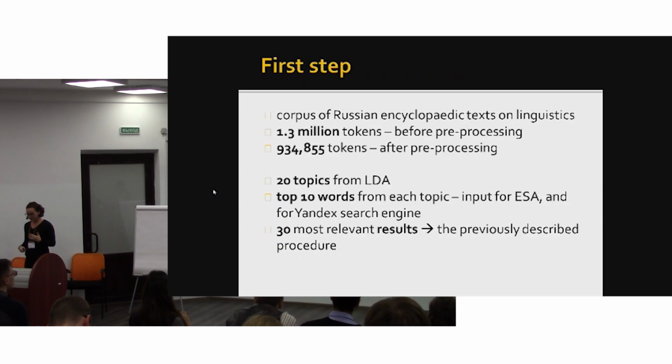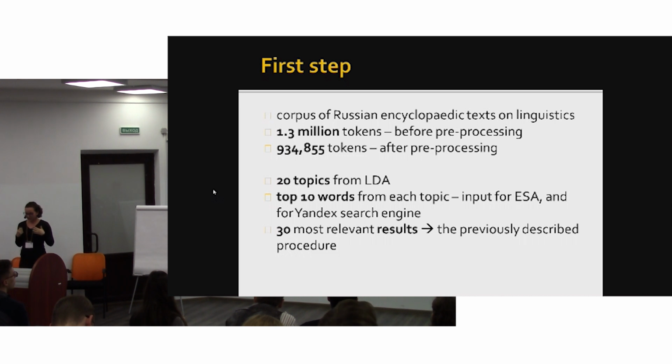Our study is based on a corpus of Russian encyclopedic text on linguistics, and we obtained 20 topics from LDA, Latent Dirichlet Allocation, and each topic was represented by its top 10 words, and they served as inputs for ESA and for the Yandex search engine.